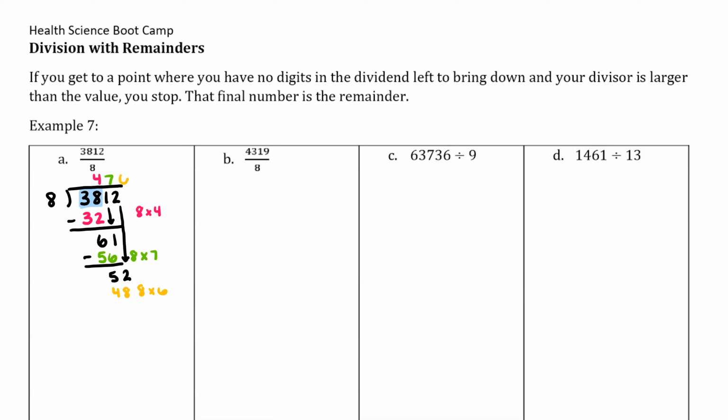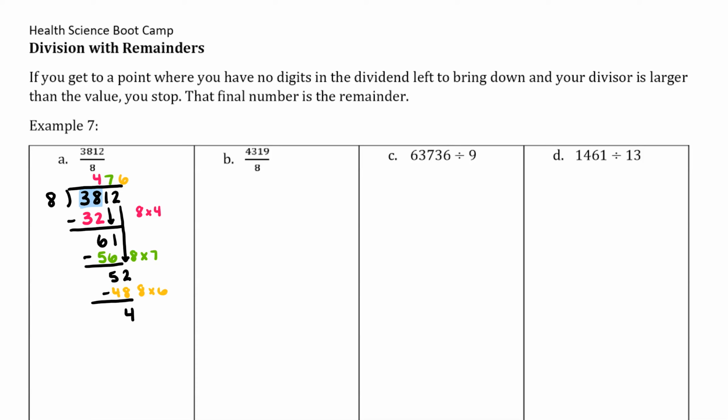So 6 is going to go upstairs as part of your answer. And 48 is going to come downstairs for subtraction. Now 52 subtract 48 is 4. Now there's no other digits to bring down. So if your question would like a remainder, then we're just going to stop.